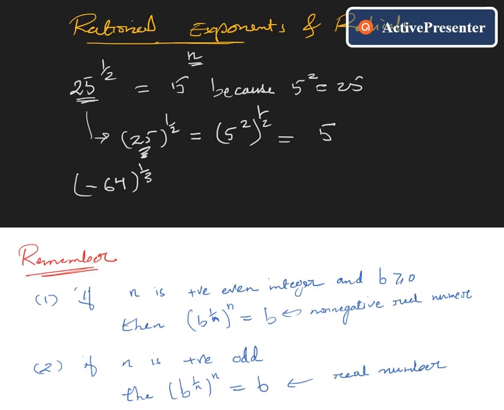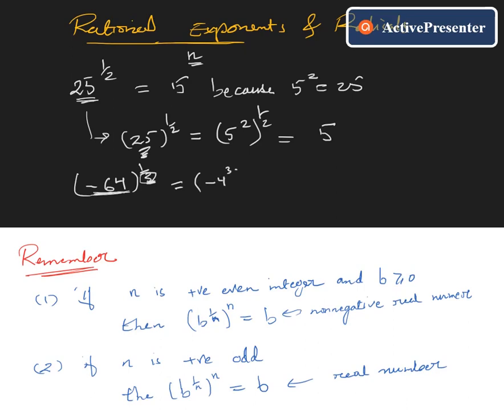Here b is not conditioned in the case of an odd positive n, so b can be negative, it's okay. So this should be minus 4 to the power 3.